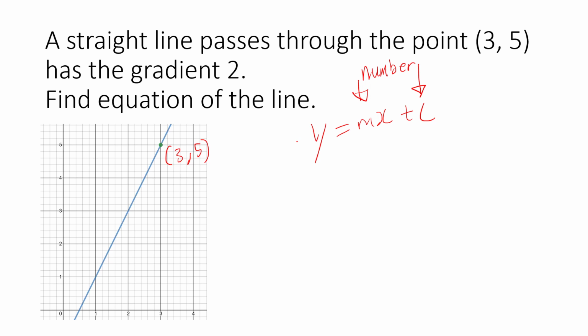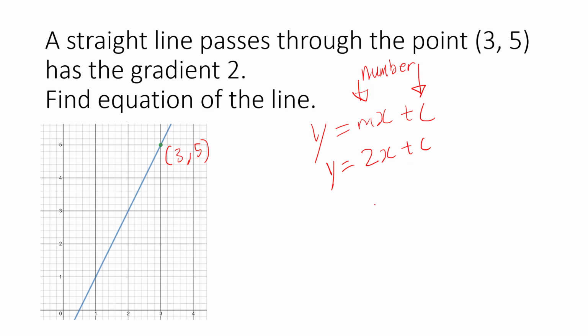So you need to change them to numbers. How do we find the value of m and c? Oh, it's so good. They already give us the value of m because m is the gradient. Remember just now I mentioned m is the gradient. So straight off the bat, we know that y is equal to 2x plus c.